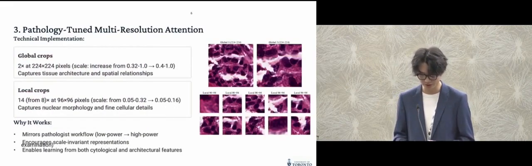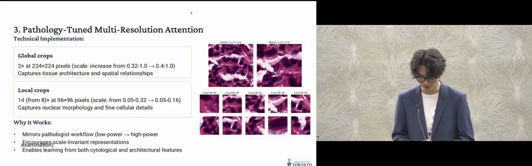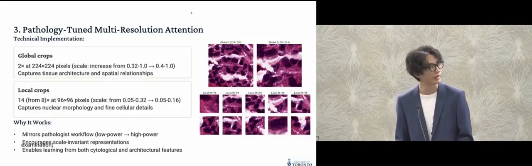Third, we have tuned DynaV3's original multi-resolution attention into a pathology-specific approach. We mirror the pathologist's workflow by first looking at the whole tissue architecture and then zooming in for nuclear details. We start from the standard DynaV3 multi-crop scheme.